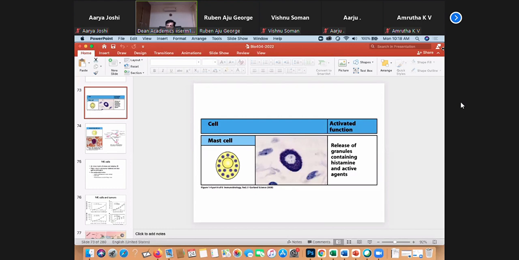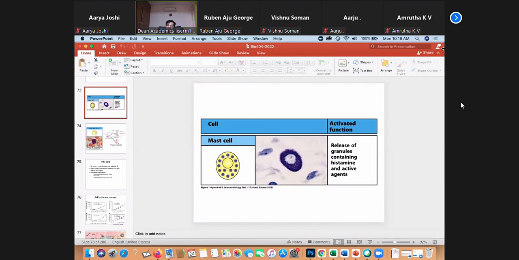But for normal allergic reactions, like pollen grain allergies, dust mites, household stuff, and drug-induced allergies, the predominant cell types involved in this process are mast cells.